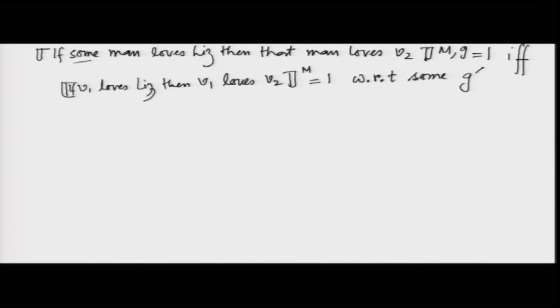This G prime is actually for us now some G, this is V1, some G such that V1 is a man, with respect to M and G, is 1. So, this is our first condition to do this one, how to calculate then this thing.